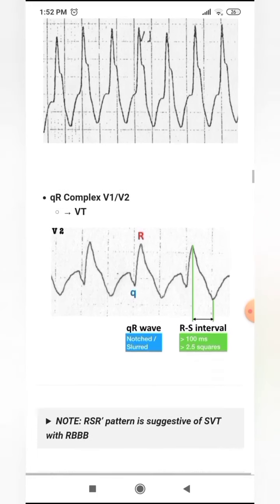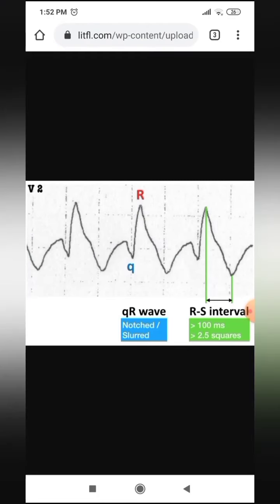If these findings are present, then most likely it indicates a ventricular tachycardia rather than an SVT.